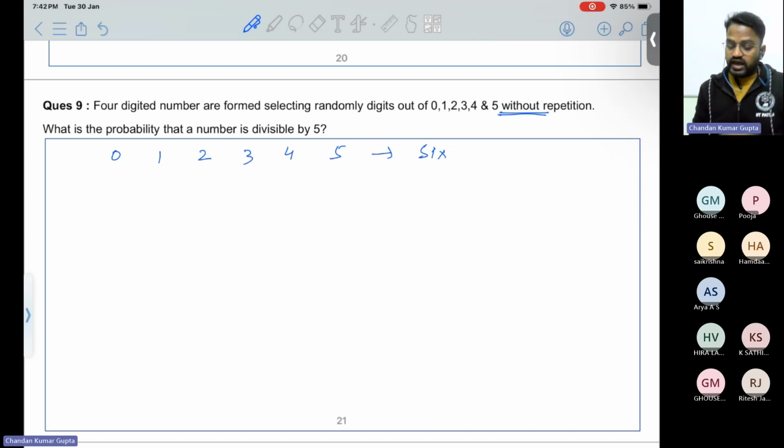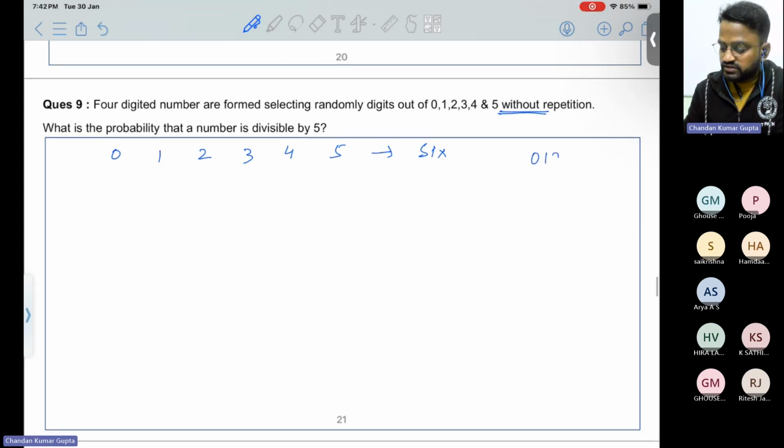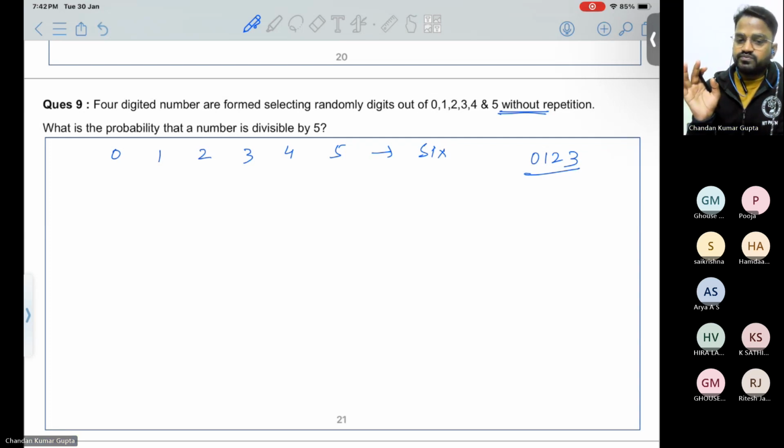Also, if we are talking about a 4-digit number, then the first digit should be a non-zero number. Like we can't start with 0, na? Like if we write 1, 2, 3, it is a 3-digit number, not a 4-digit number. So for a 4-digit number, the starting number should be non-zero.